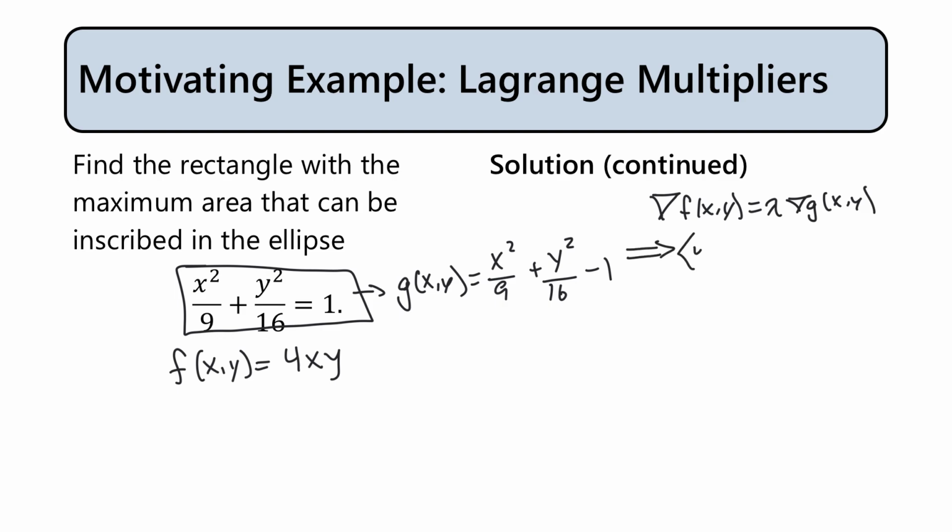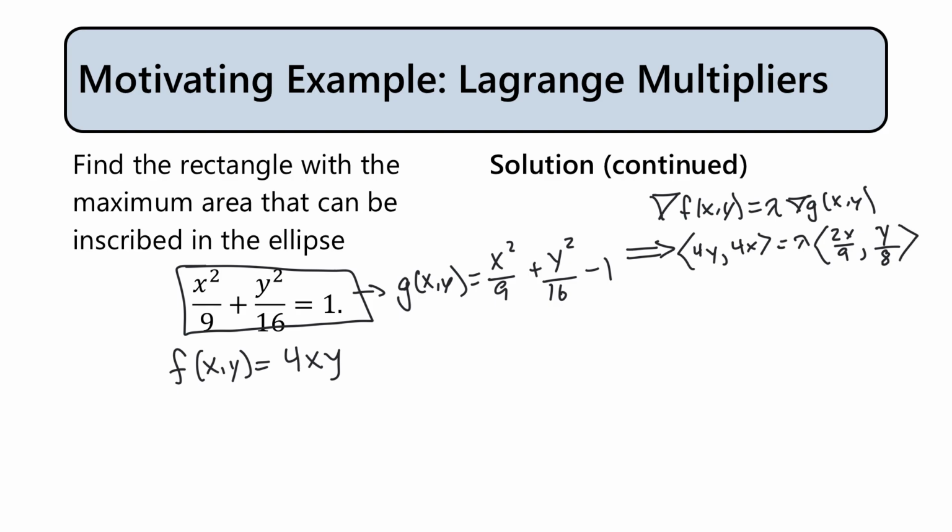So that's going to be (4y, 4x) equals lambda times, and the gradient of g is going to be (2x over 9, y over 8).